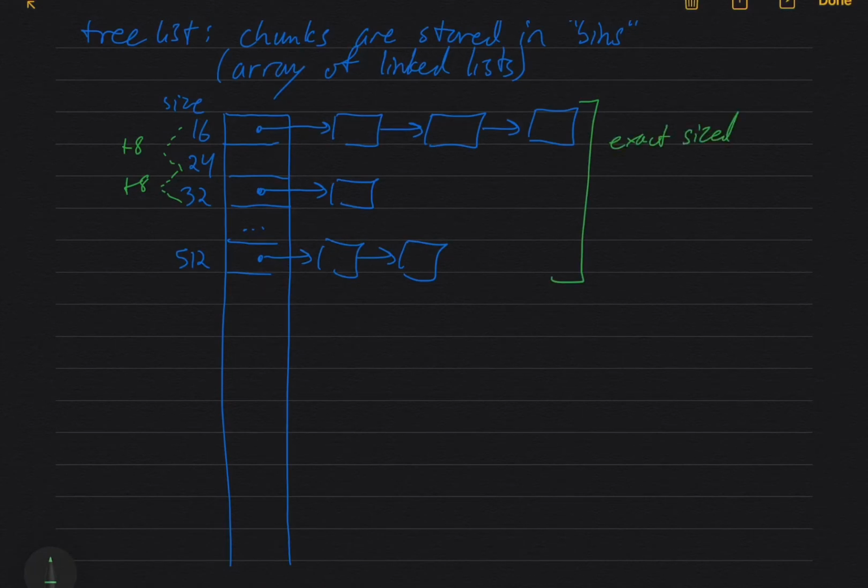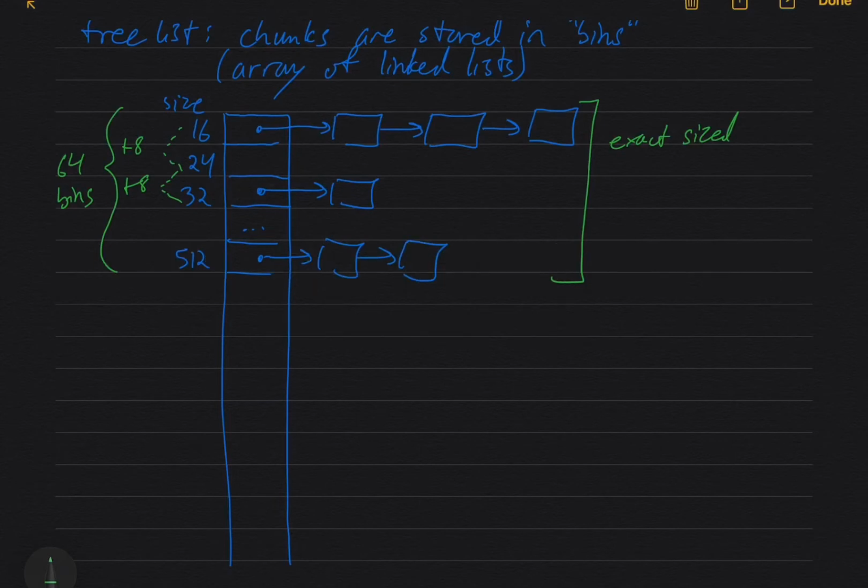So each chunk is exactly either 16 bytes, 24 bytes, 32 bytes, 40, 48, and so on up to 512. And so we have a total here of 64 bins. If you do the math, that should add up to 64.